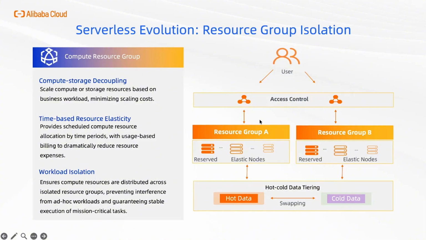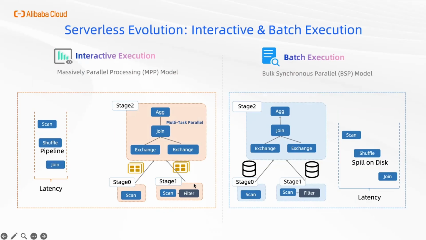Users can now create multiple resource groups on a single storage foundation, each tied to different SQL accounts, effectively isolating compute workloads for various businesses. Resource group nodes are stateless, allowing for quick, manual scaling and flexible, time-based elasticity policies that accommodate both interactive and batch processing. Let's explore the specifics of MPP and BSP execution modes.